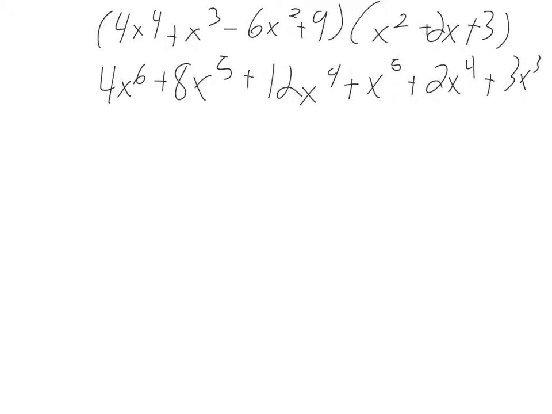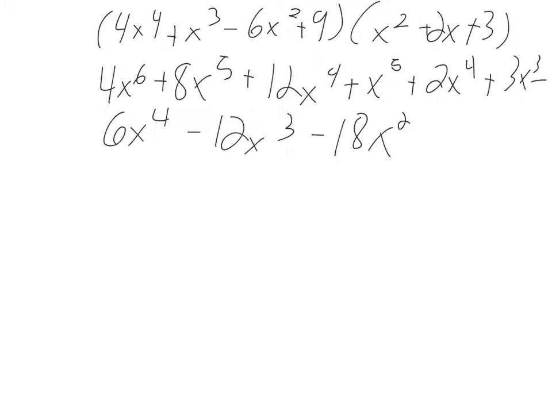Now, we're going to have more terms here, so follow. And remember, we're at the negative 6x squared, so make sure to keep track of your signs. So we're going to have minus 6x to the 4th, because we multiplied the negative 6x squared by the x squared. And then minus 12x to the 3rd, and then minus 18x squared.